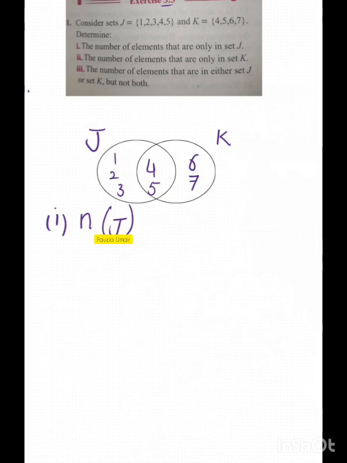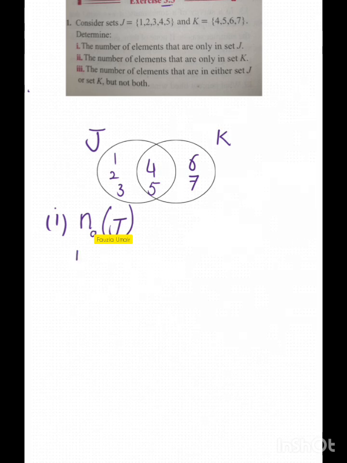If I put a circle here, this means the number of elements which are only in set J. It means that we are not talking about the combined elements. So as I can see from the picture clearly, the number of elements which are only in J are total 3 elements. But I need to use a formula.